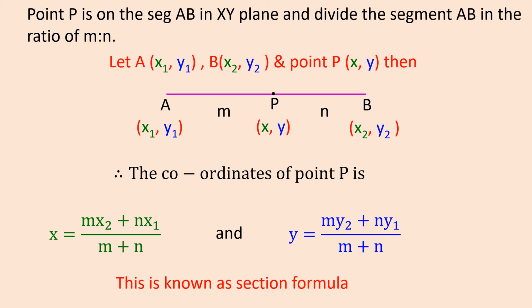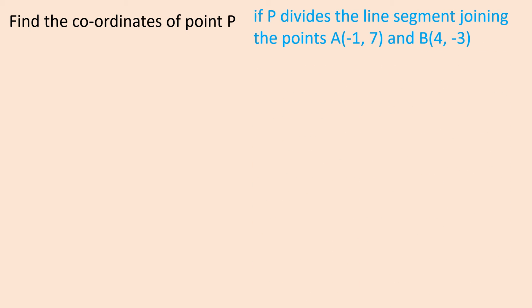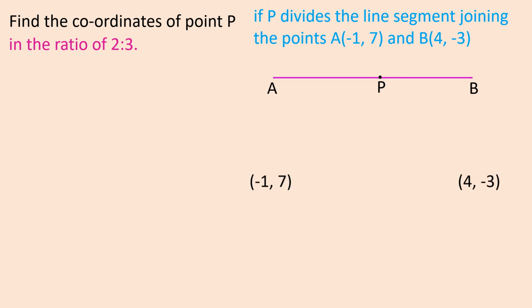Now we will use the same formula to solve one sum. Find the coordinates of point P if P divides the line segment joining AB in the ratio of 2 is to 3. We will draw our diagram for our convenience. Segment AB, I will take point P here. A has coordinates -1, 7 and B has 4, -3.